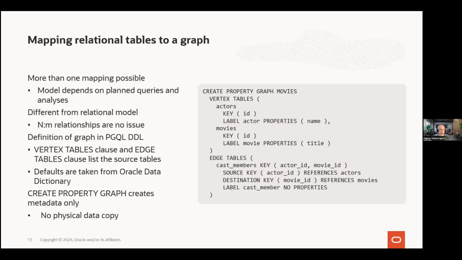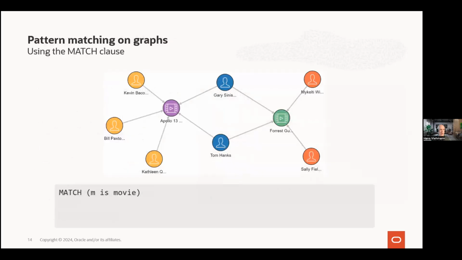In fact, that brings us nicely to the next slide, and I'll just move on to that and show you the match clause in practice, because I think from that it'll become clear very quickly. If you look at the definition of patterns, the way we do this in the match clause is similar to what other graph database vendors do, and this is exactly what the standard also prescribes.